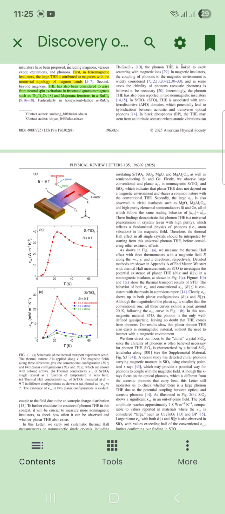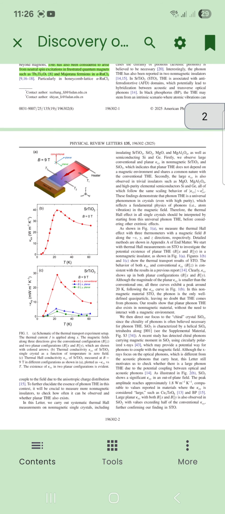This material, strontium titanate, features structural domains or chiral structure by nature. So it is obvious that these materials can display such an effect, and sure enough they have observed a kxy signal in these materials.